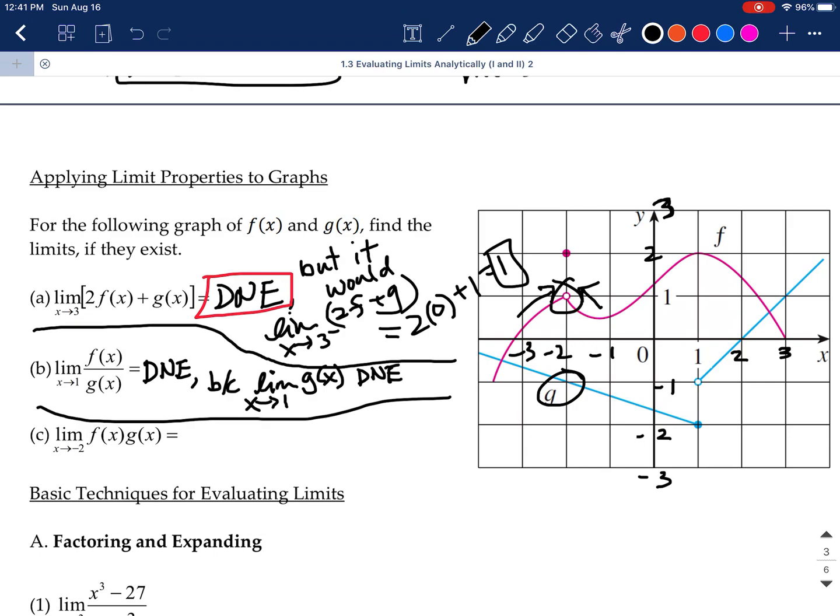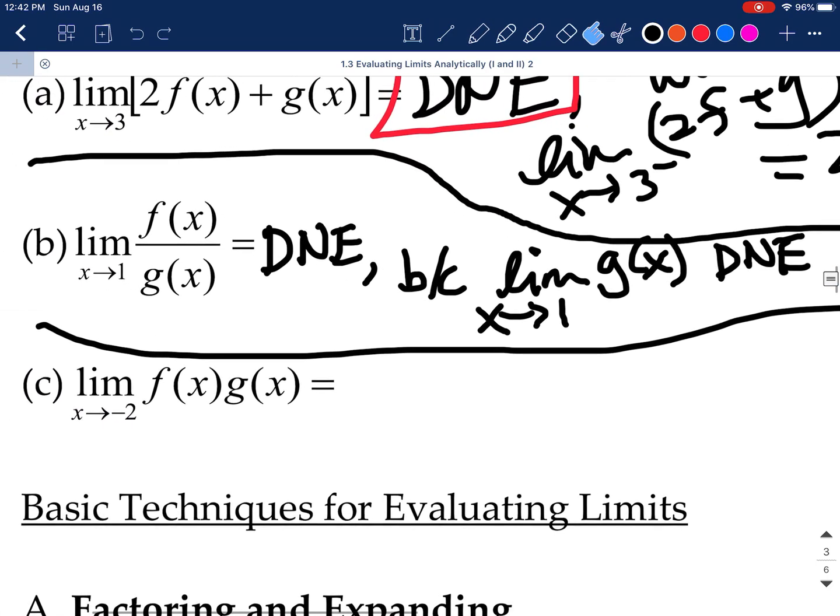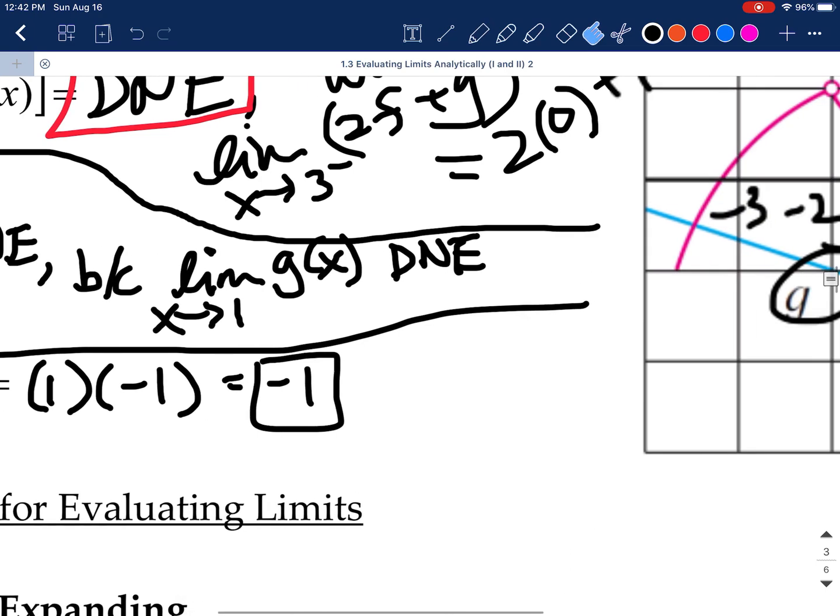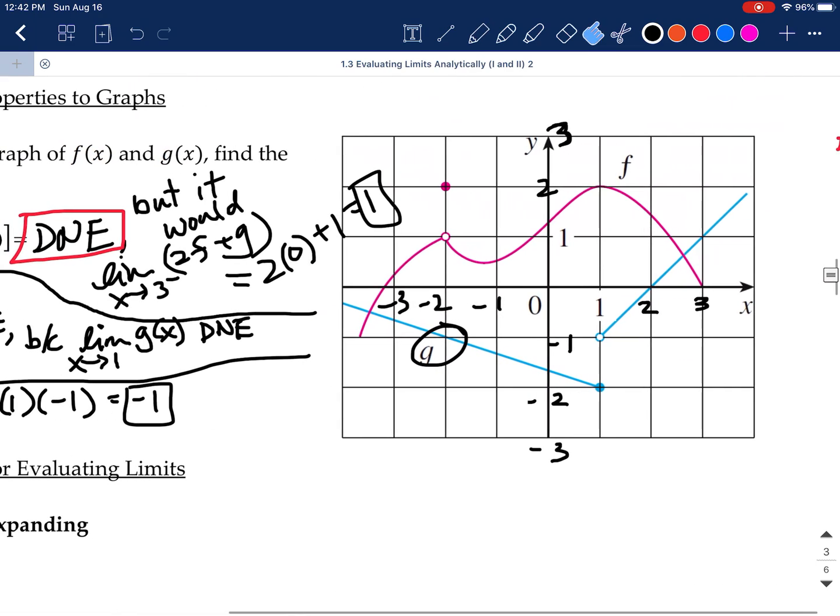So remember, for that limit, we do not care about the actual function value. We only care about what we're approaching. All right, so let's go back and zoom in a bit, and we'll evaluate this. So we're going to have 1 times -1, which equals -1.